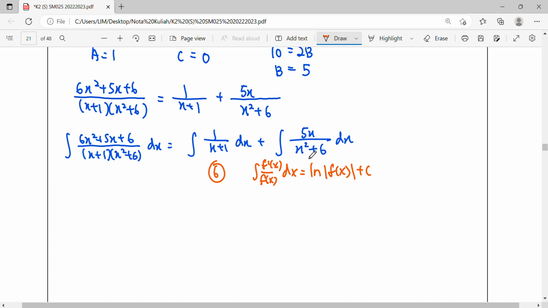As long as you can see fx is the denominator x squared plus 6, and then we found the differential f prime x will give 2x. So what we need here at the numerator is 2x.